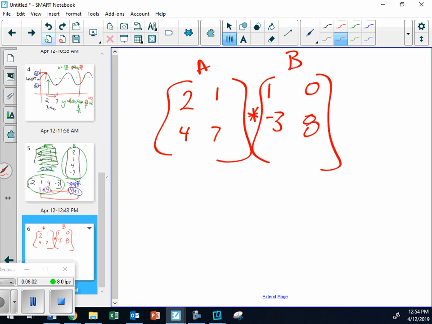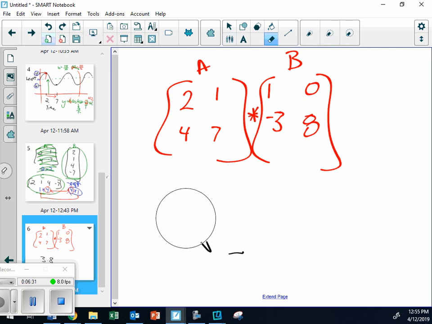If I multiply these two out this way, I will get a totally different answer than if I reverse them and multiply B times A. If I just write them the other way, you get a different answer. Isn't that strange? That should seem strange to you because you're used to 3 times 8 is 24 and 8 times 3 is still 24. Doesn't matter if you reverse them. With matrices, it matters. If you write them backwards, you get different answers.